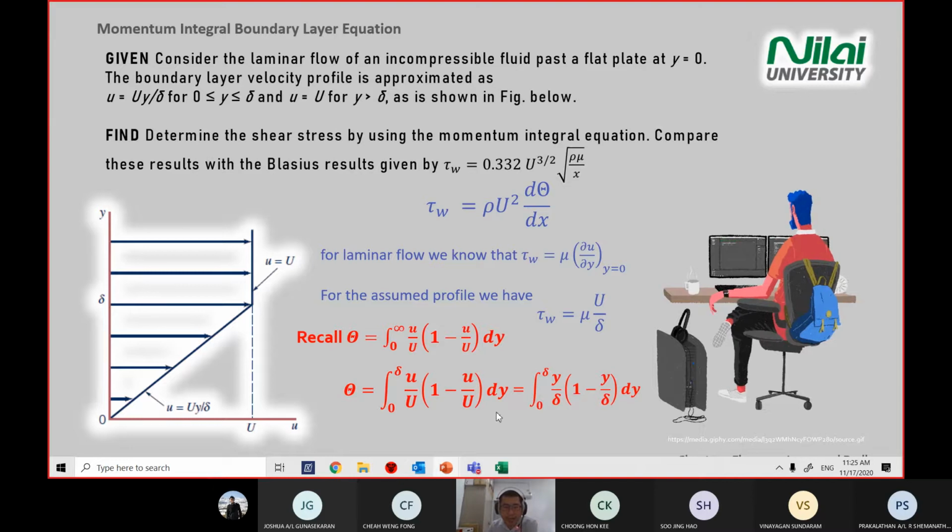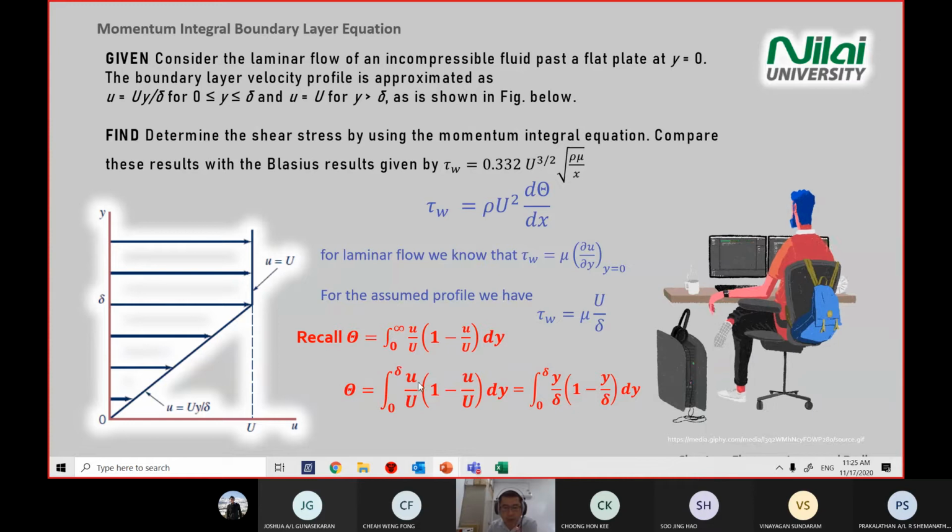At the end, you arrive at the integration from 0 to delta of y divided by delta, times 1 minus y divided by delta, times dy. So you can see when you substitute the given equation for the U profile inside the boundary layer, then the equation is further simplified without the capital U and even the small u also.